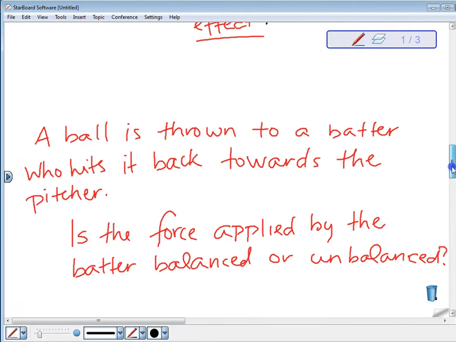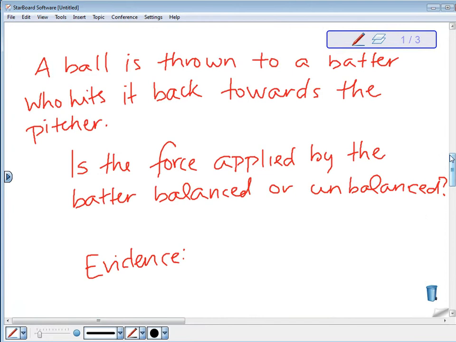Okay, let's look at some examples. If a ball is thrown to a batter who hits it back towards the pitcher, is the force applied by the batter balanced or unbalanced? This force would be unbalanced. Now, how can we tell that it's unbalanced?